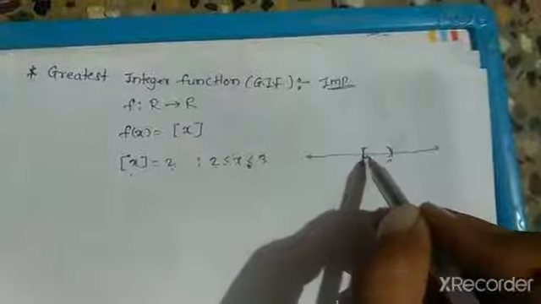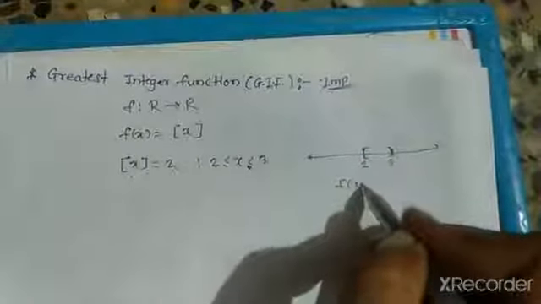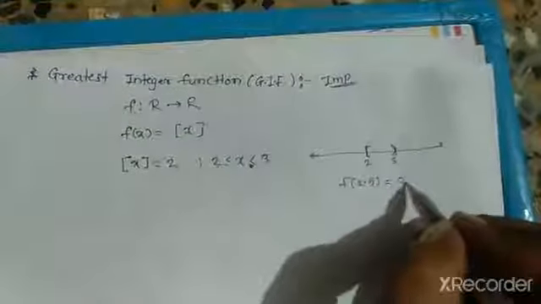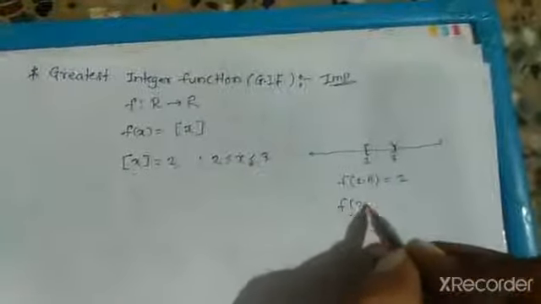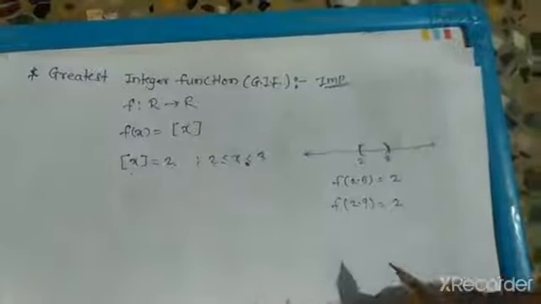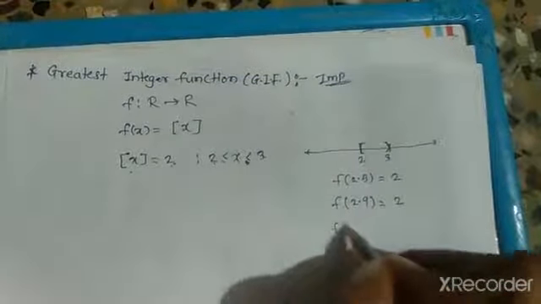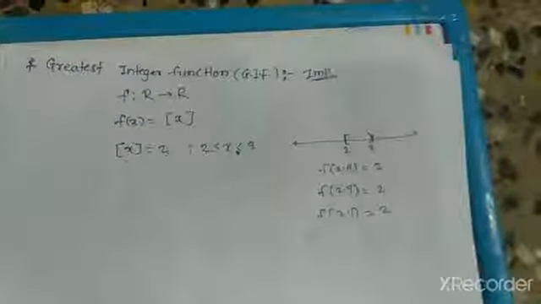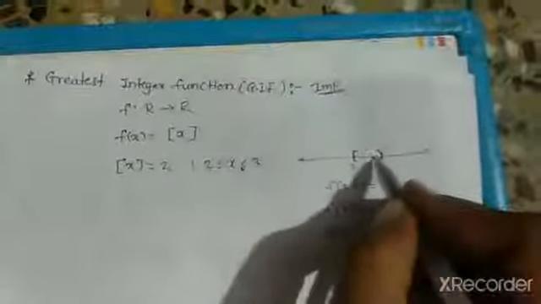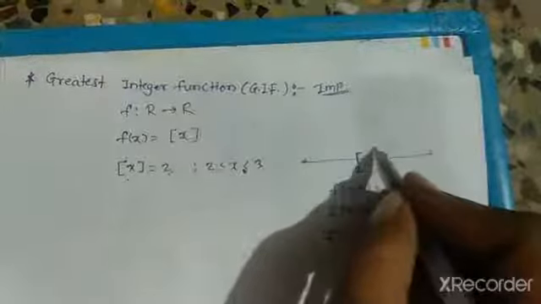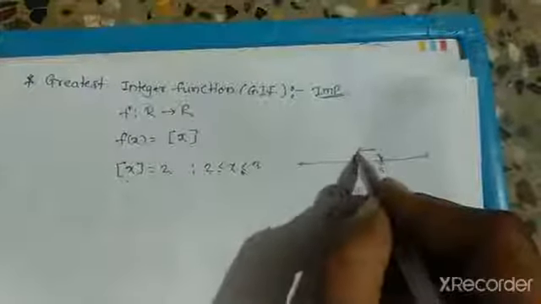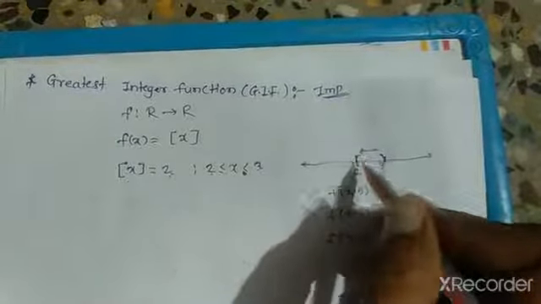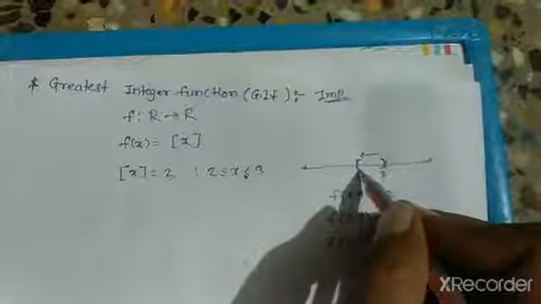Okay, if you consider x equal to 2.5, its value will be 2. If you consider x equal to 2.9, its value is also 2. Or if we consider x equal to 2.1, its value is equal to 2. That is, for a value in between 2 and 3 we consider the integer toward its left, which comes first.